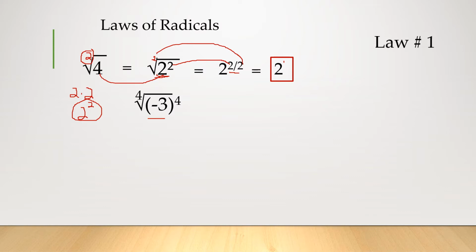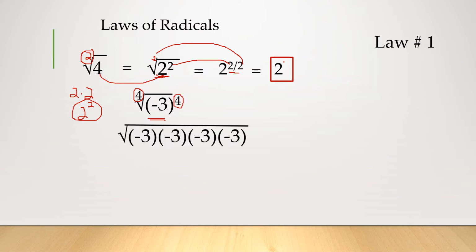The base here is positive. What about if the base is negative? We still have the index as an even number here. Now, in this case, wherein the index and the exponent are even numbers, negative 3 raised to 4 means that we are multiplying negative 3 four times, right?